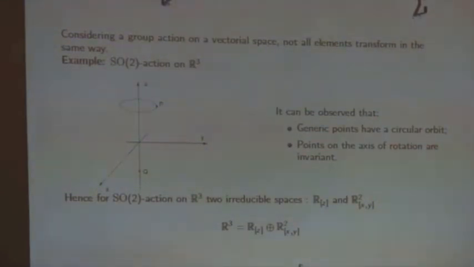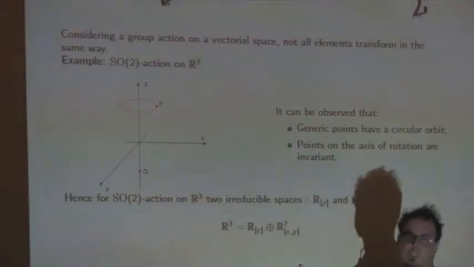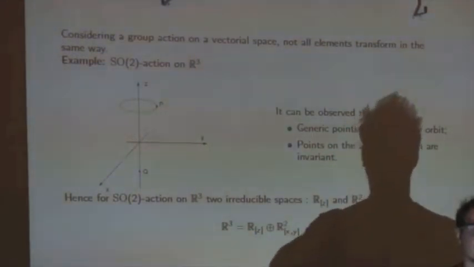In fact, for this specific action, our physical space F3 will decompose into two irreducible spaces. The space will be the line, and in direct sum, the plane. So the transformation on space implies that you may have a partition into different ways of transformation.